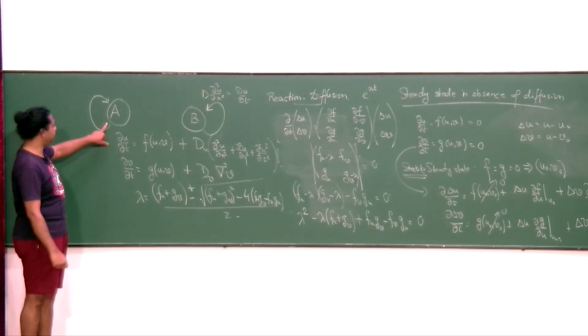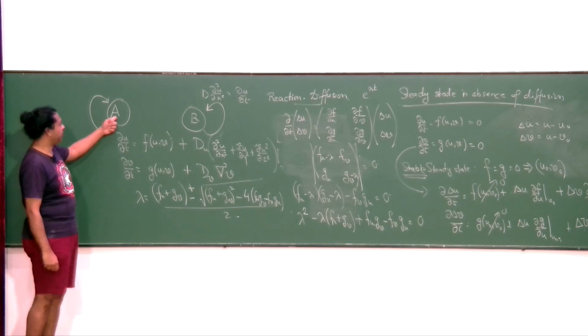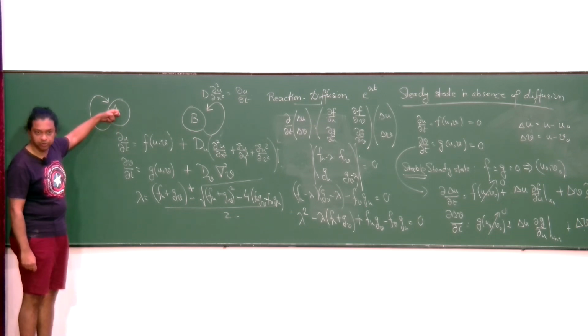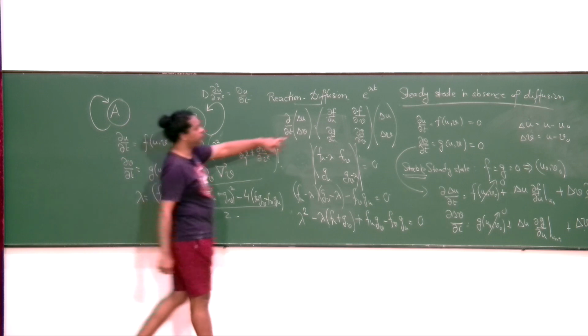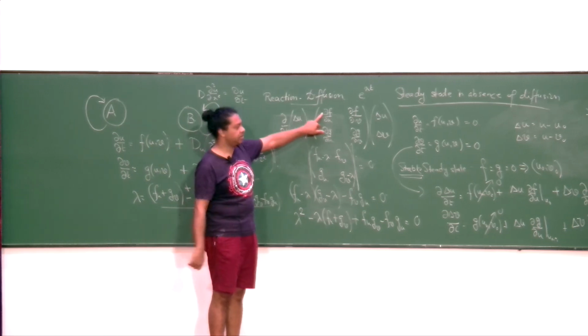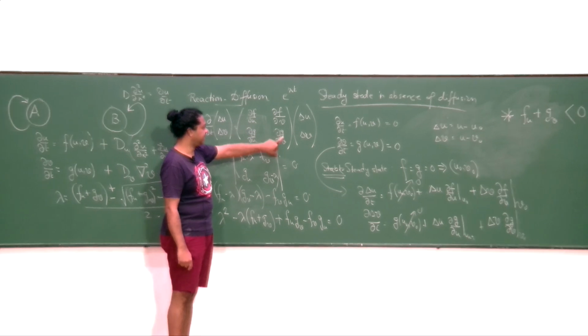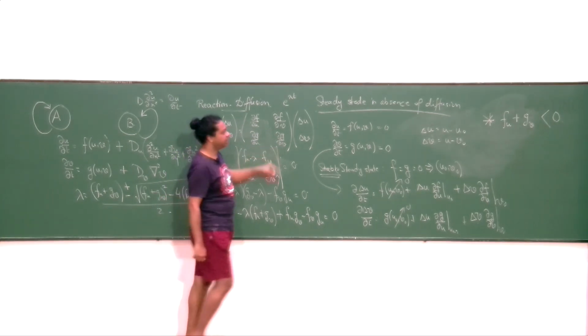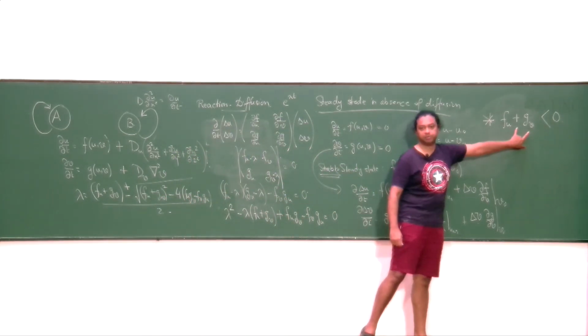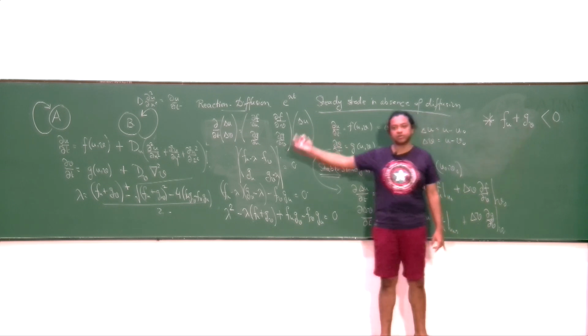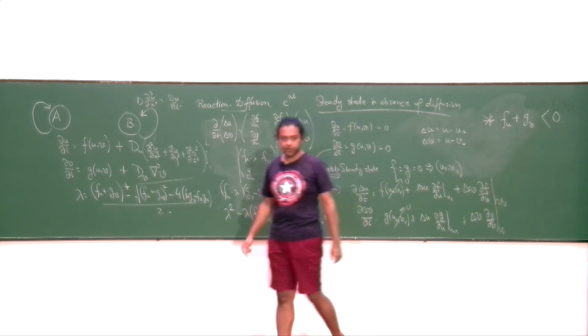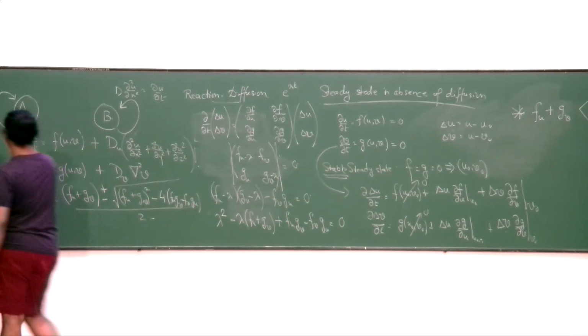Because if A upregulates itself, the more of A you have, the more of A you would produce, which means that this Fu would be positive, right? Similarly, if B upregulates itself, this del G, del V would be positive, and therefore Fu plus Gv would be positive. Okay. So this sort of a network would not admit a Turing pattern. So this is ruled out immediately.